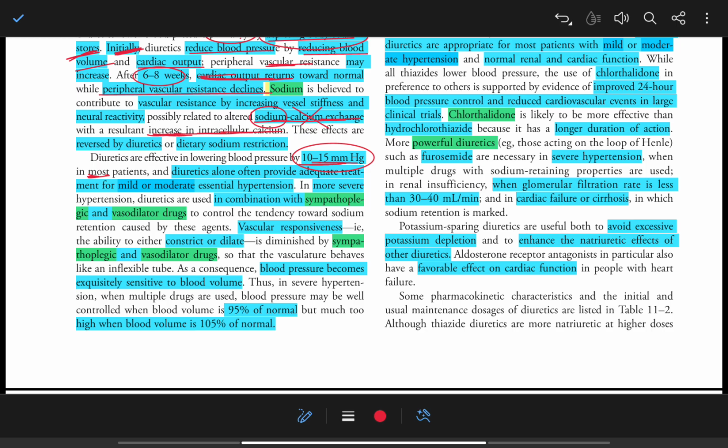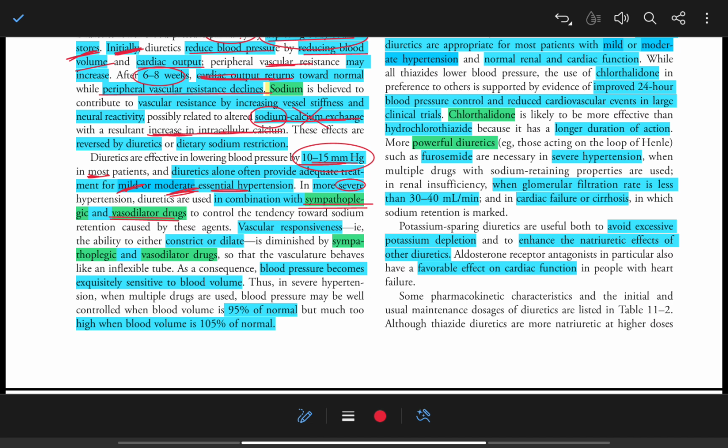We usually give diuretics for just mild to moderate essential hypertension. However, in severe hypertension, we switch our drug to sympathoplegic agents and vasodilators. These are the drugs we will now use.